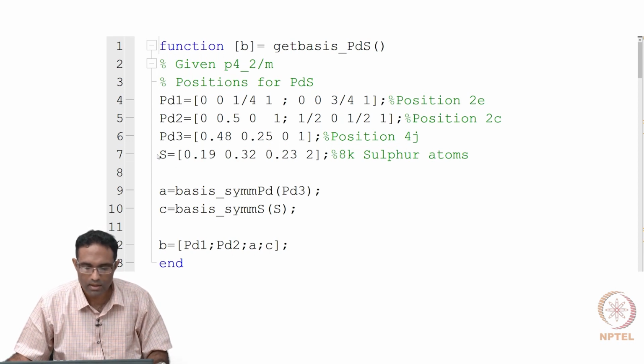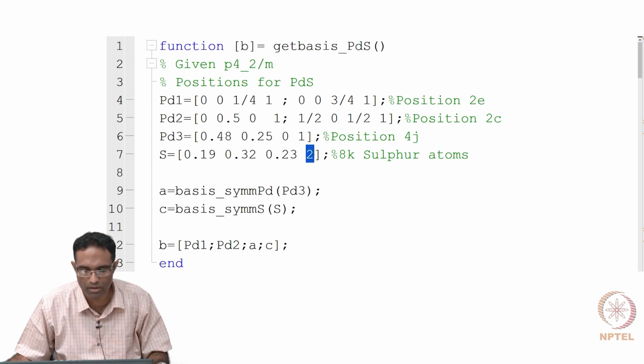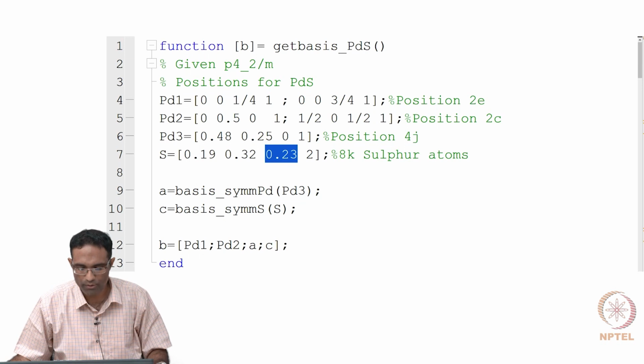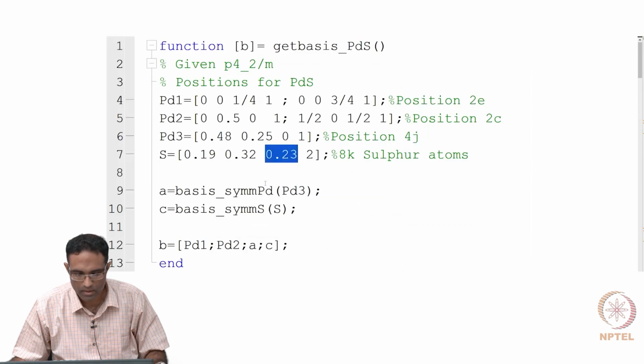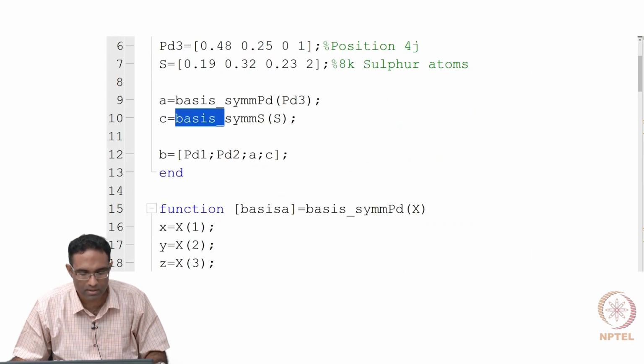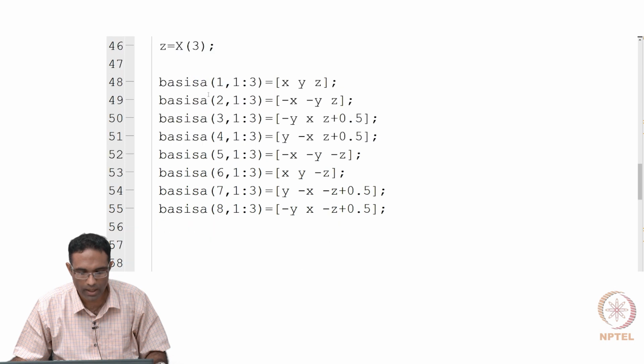In PdS, the sulfur is present at the 8k position, and these are the three values. I have named the sulfur atom with atom type 2. The x, y, and z fractional coordinates are given right here. For 8k, there are 1, 2, 3, 4, 5, 6, 7, 8 additional points that I need to generate. Therefore, I have the basis_sim_S subfunction right here, where I will generate all of them.